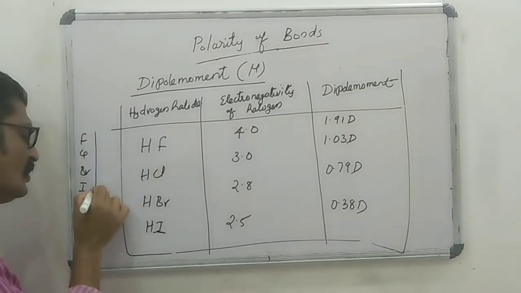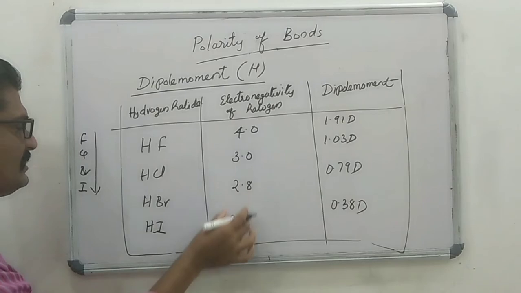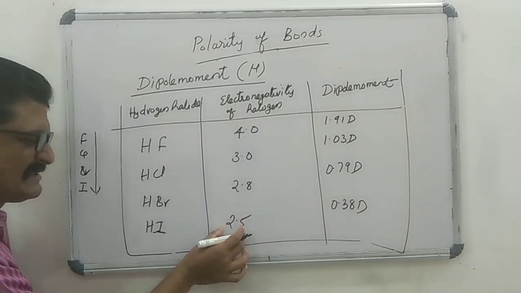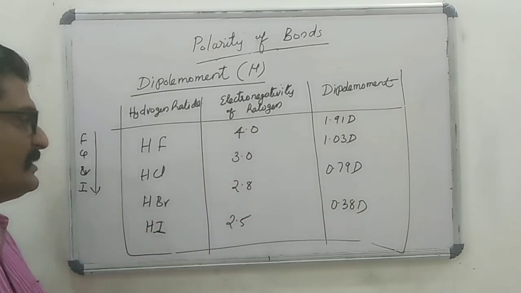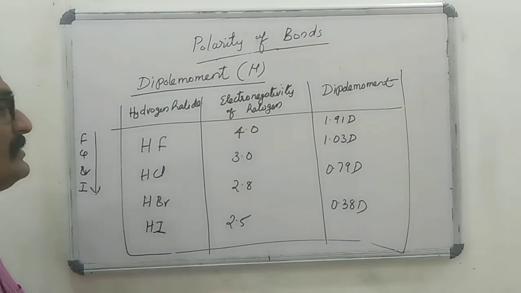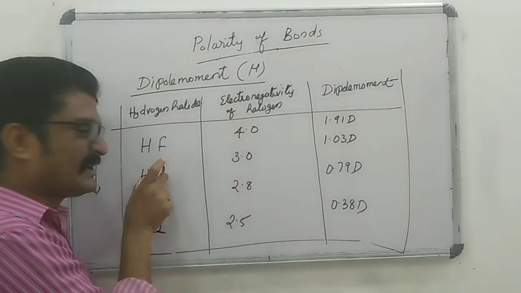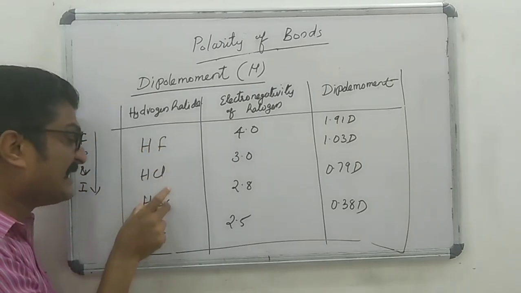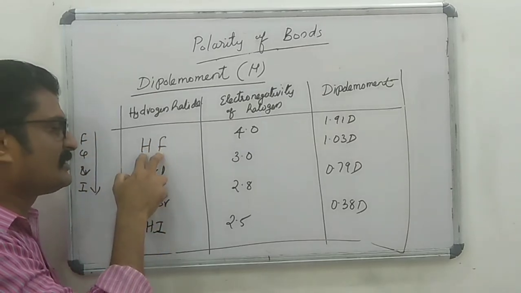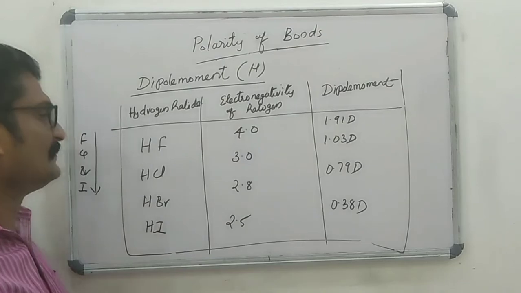As we move down the group, the electronegativity value decreases. Electronegativity of halogen decreases, then this electronegativity difference with hydrogen decreases.